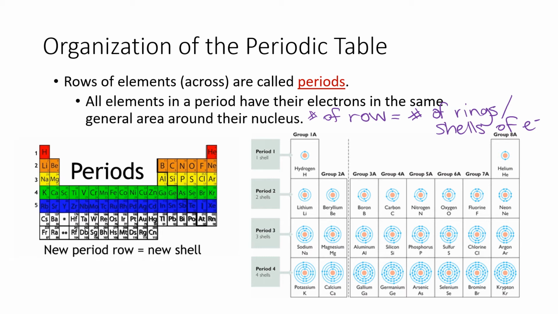Okay, so you can kind of see this here. Period 1 has 1 shell, period 2 has 2 shells, period 3 has 3 shells, and period 4 has 4 shells. Those are the Bohr models. Should have looked at those last year in Science 9. If not, we'll do a refresher on them coming up.